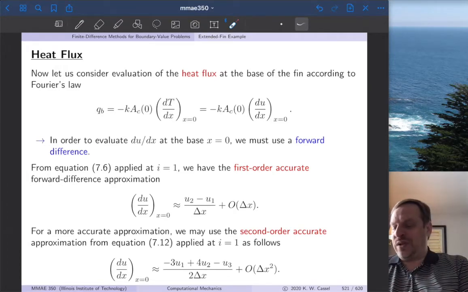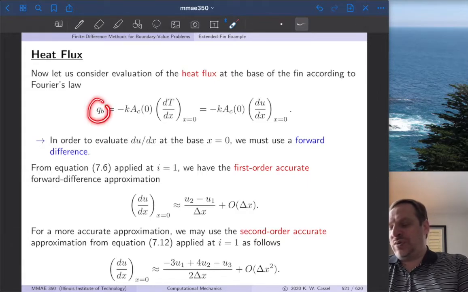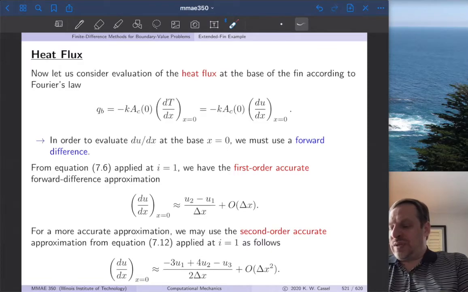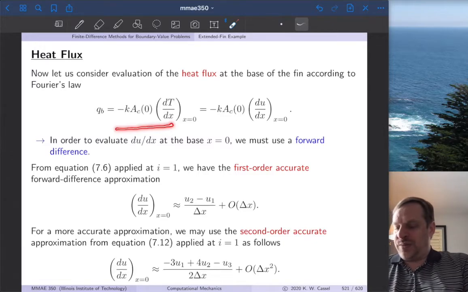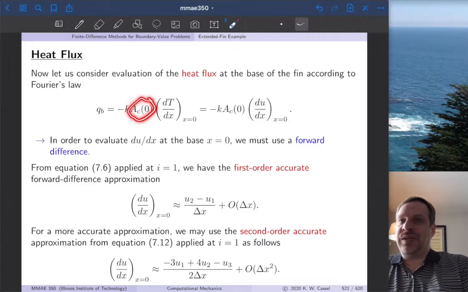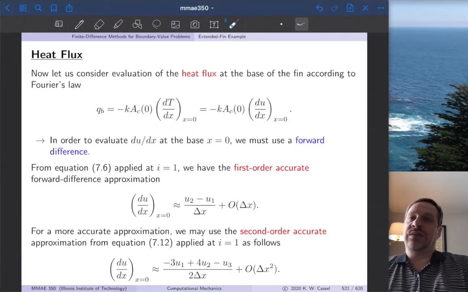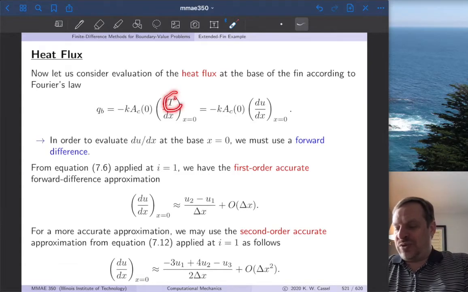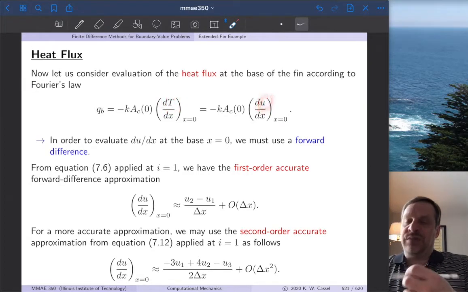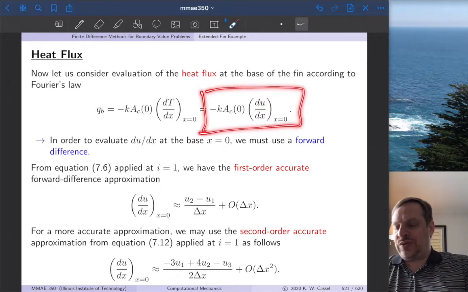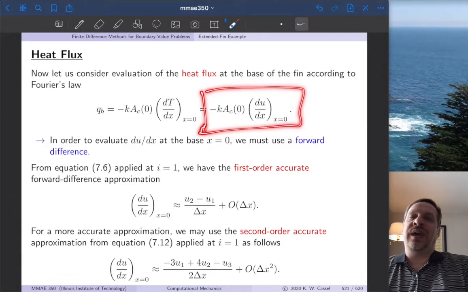So that's the heat flux from the base, so Q sub B. Fourier's law, which we saw from the tip boundary condition, says that the heat flux from the base is minus K times the cross-sectional area at the base, so A sub C at 0, times the gradient of the temperature dT dx at the base. That's in terms of T. In terms of U, where U is T minus T infinity, you get this expression here. So this is the heat flux at the base.